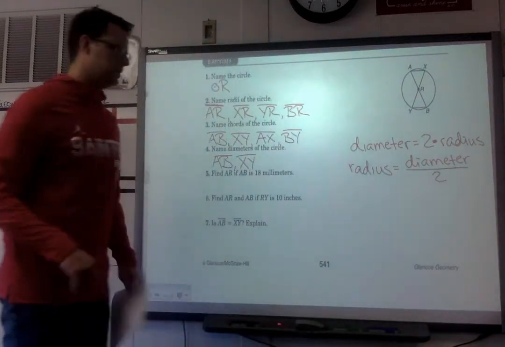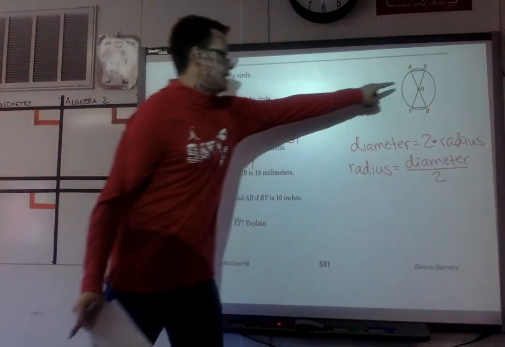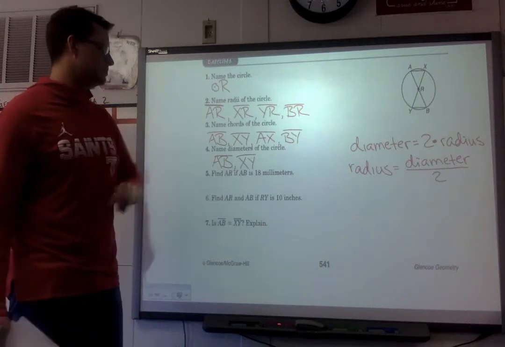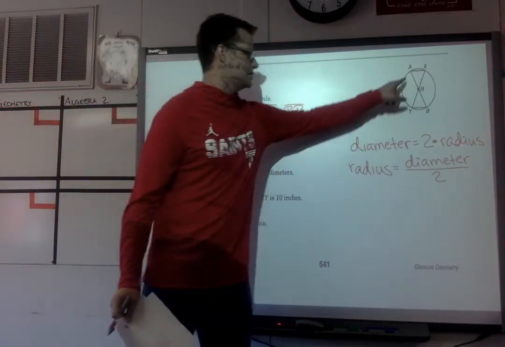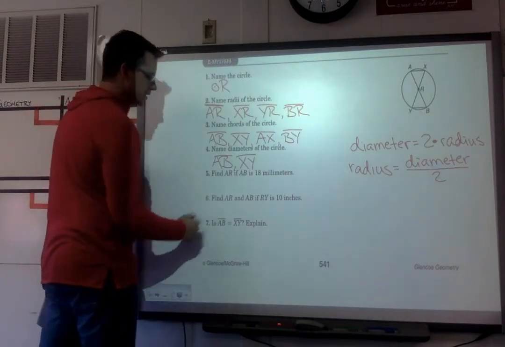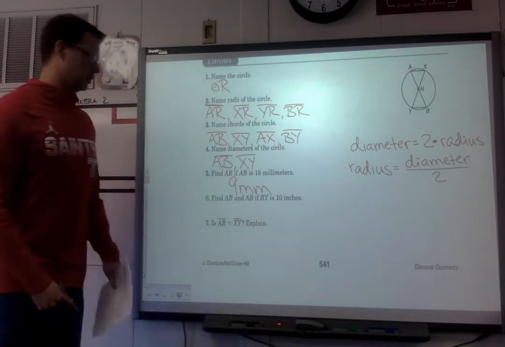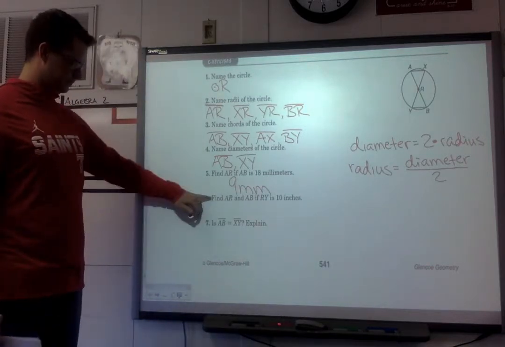Again, this should be review for you guys. So here, find AR. AR is a radius if AB is 18 millimeters. So AB, the diameter, is 18 millimeters. The radius needs to be half of that. So it would be 9 millimeters.